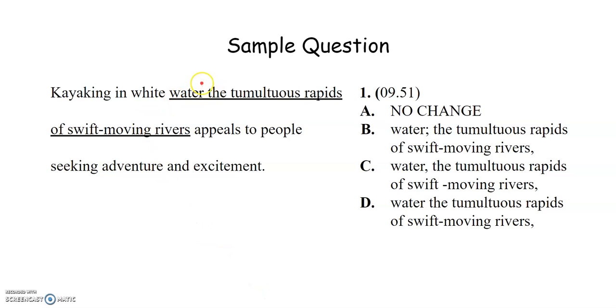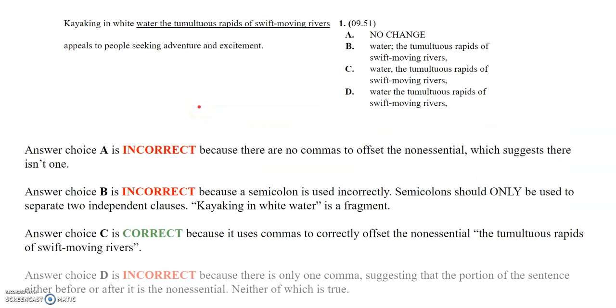Well, we can take out kayaking in white water. Our sentence can just be, the tumultuous rapids of swift-moving rivers appeals to people seeking adventure and excitement. So we need to punctuate that non-essential like a non-essential. We need a comma right here. And the answer choice that correctly does that is going to be answer choice C.